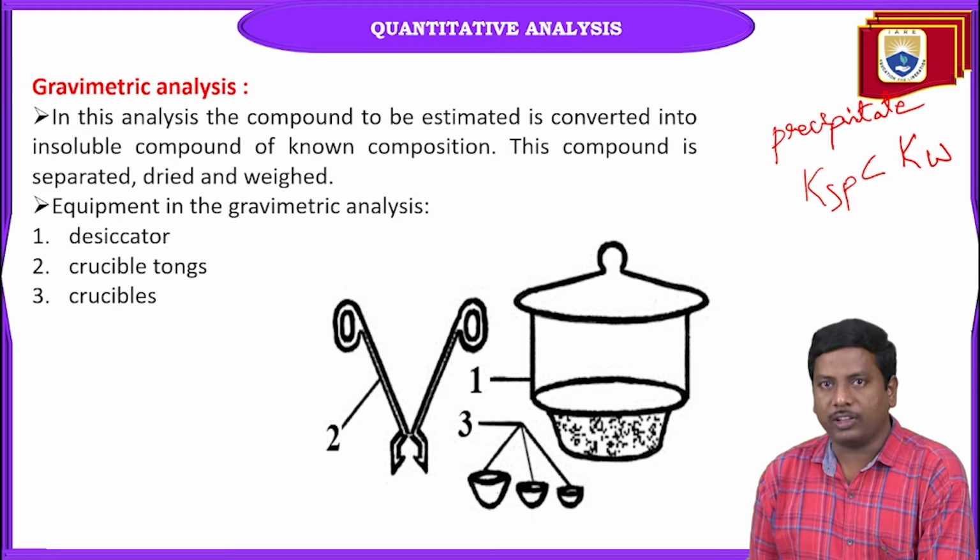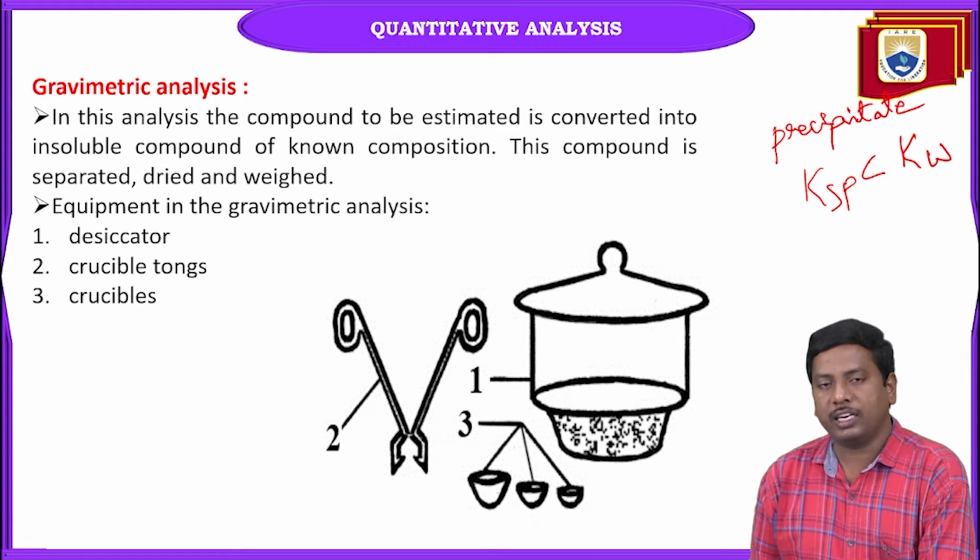After that, the compound is separated by using a centrifuge machine. After that, it is dried by either the instrumental method or oven, and the resultant compound is weighed by the simple analytical balance. And what are the equipments used for this gravimetric analysis?